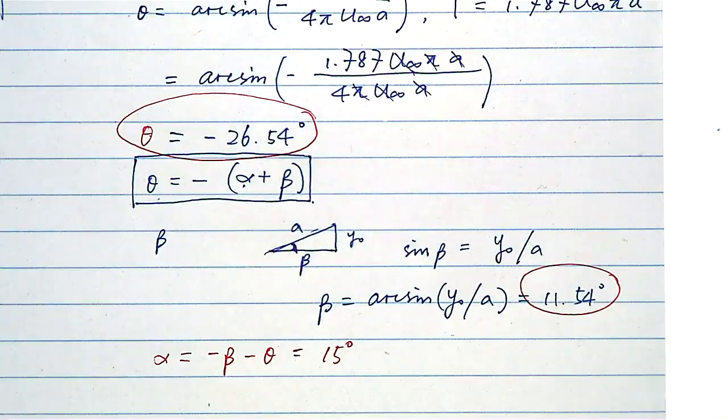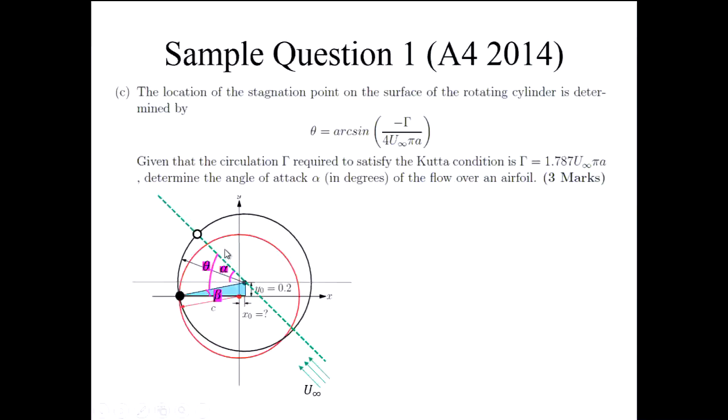Yeah? Can you please go over what the significance of alpha and beta was again? Okay, sure. Maybe I'll just switch to the slides. So when you look at this line, the green line, that shows the direction of the incoming velocity, and you rotate it by a degree of alpha.